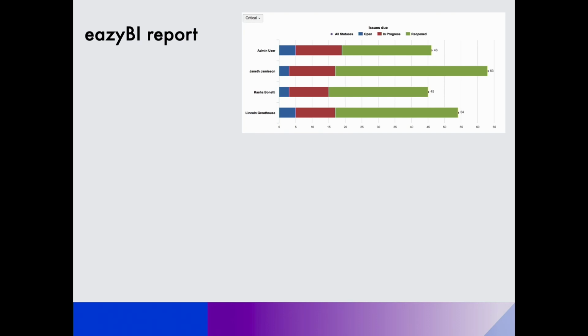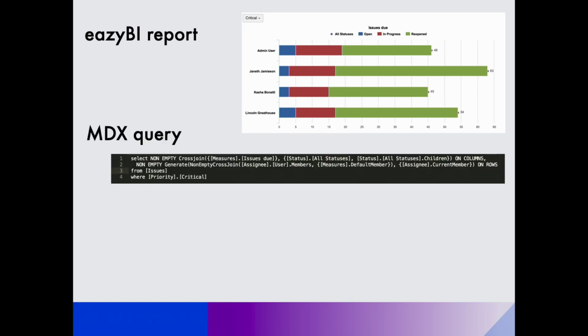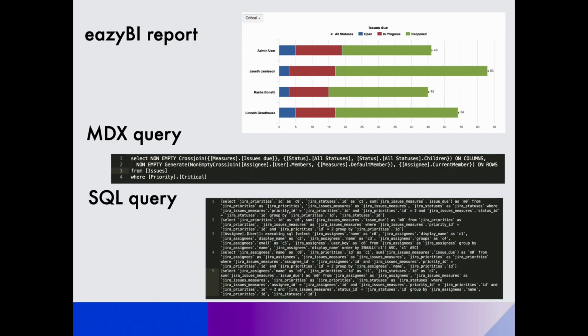That's what you see. On a background, eazyBI creates an MDX query, which is a bit longer, but you can still read it and understand what is on your screen. But after eazyBI creates this MDX query, in the background the Mondrian engine creates an SQL query, which is quite a lot longer, and you would not like to write that by hand.